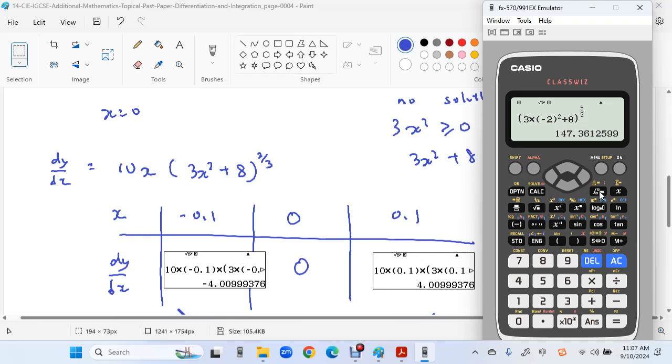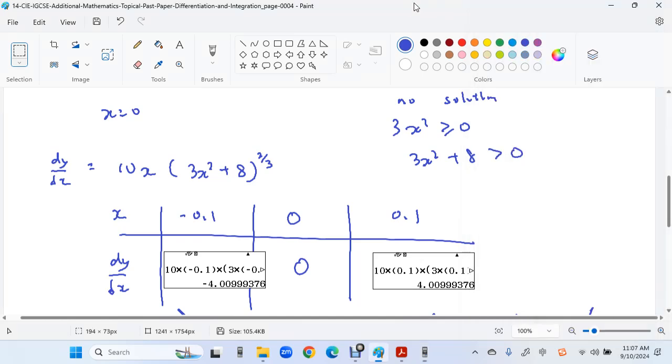So we have the differentiation of 10x multiplied by (3x squared plus 8) to the power 2 over 3, when x equals 0. So we have 40.